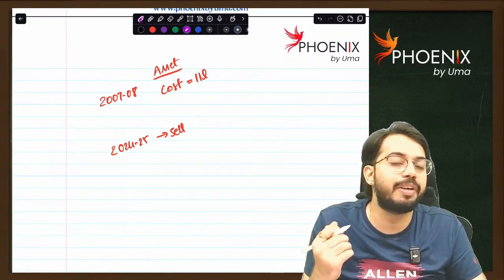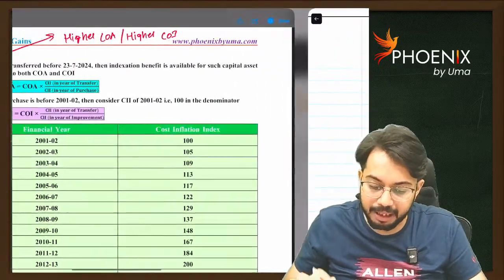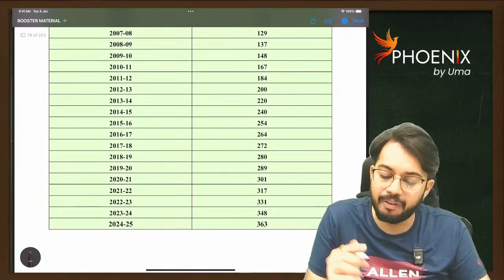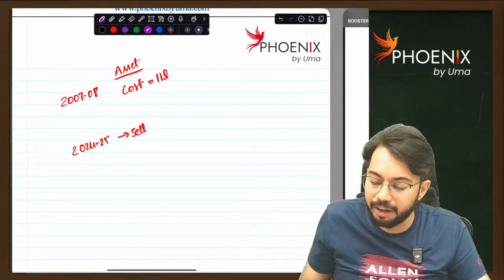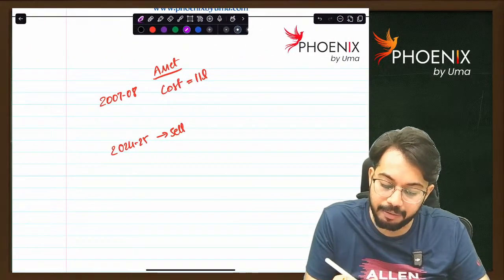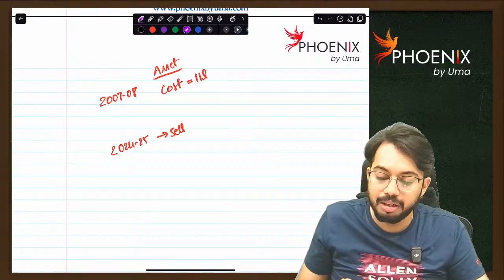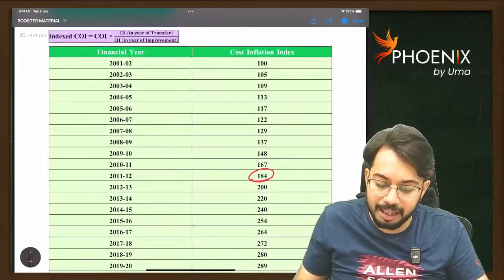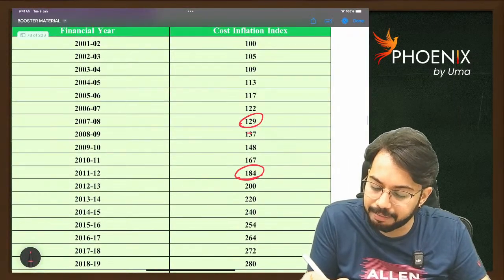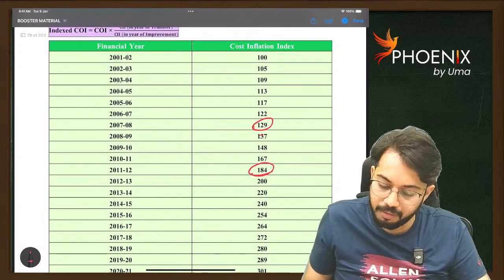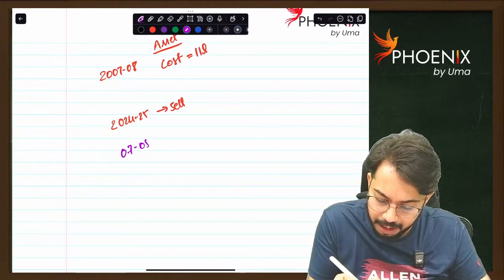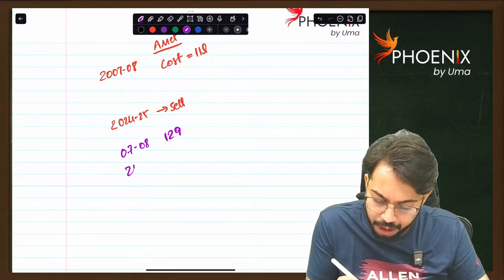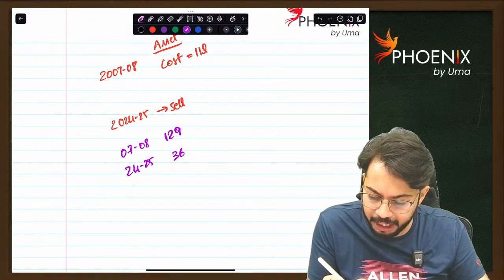For calculation of indexation, we will take index numbers. Let's say index numbers are given here. For 11-12, index number 184. For 24-25, index number 363. Index number for 7-8 is 129. So in 7-8, index number 129, 24-25, index number 363.